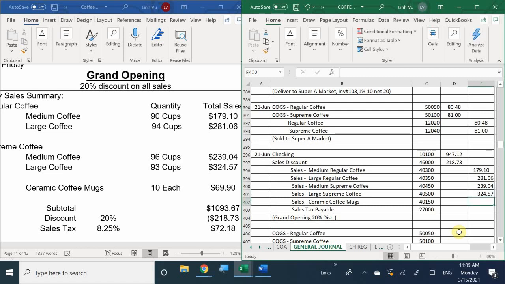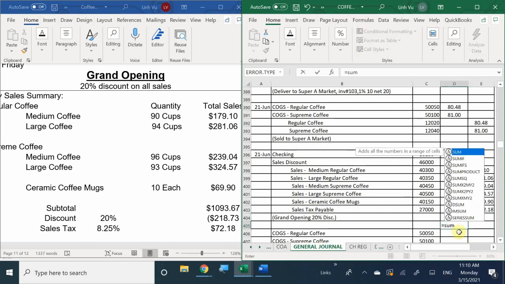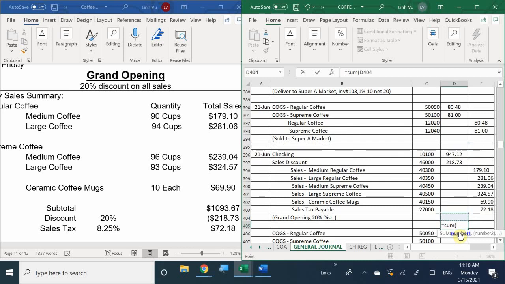And lastly, or keep saying lastly, my coffee mugs, $69.90, and then now lastly my tax, $72.18. So once again, I'm going to verify that my debits and credits match. Alright, so I got 1165.85 on the left, 1165.85 on the right. So I'm good to go. Okay.